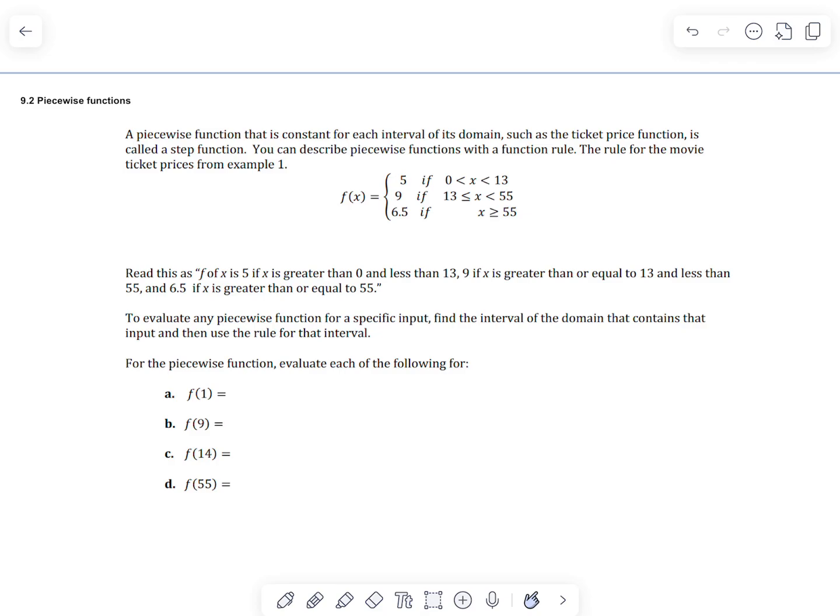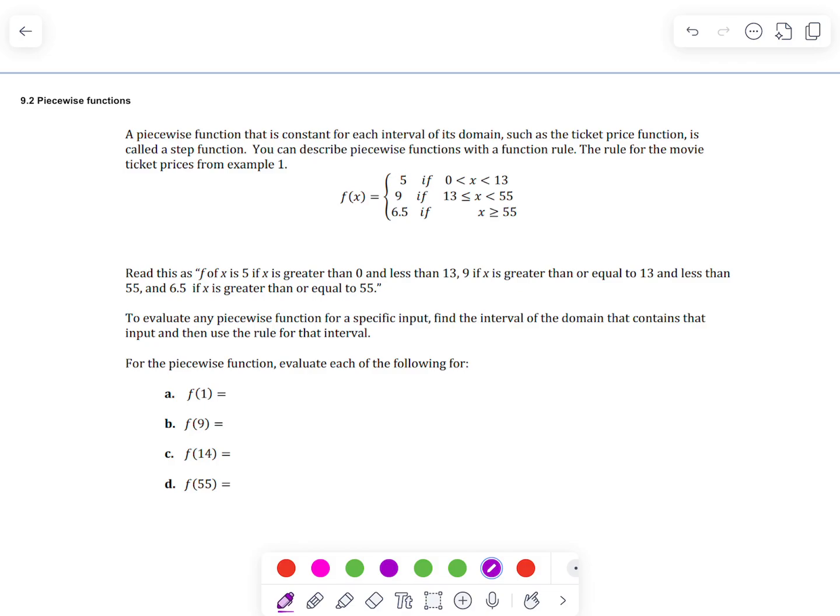So here is a function, f of x, 5, if we have x greater than 0 but less than 13, and then f of x is 9, if we have x greater than or equal to 13 but less than 55, and then 6.5 if x is greater than or equal to 55.